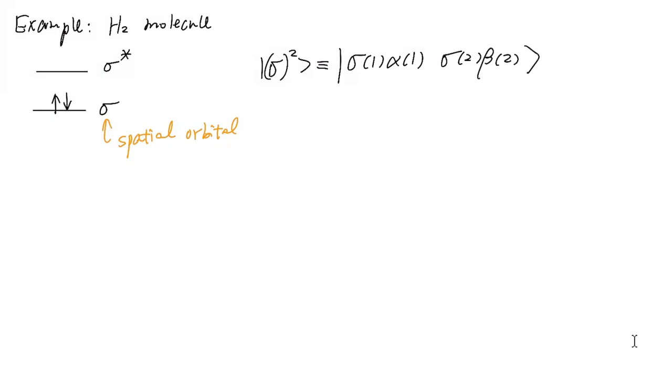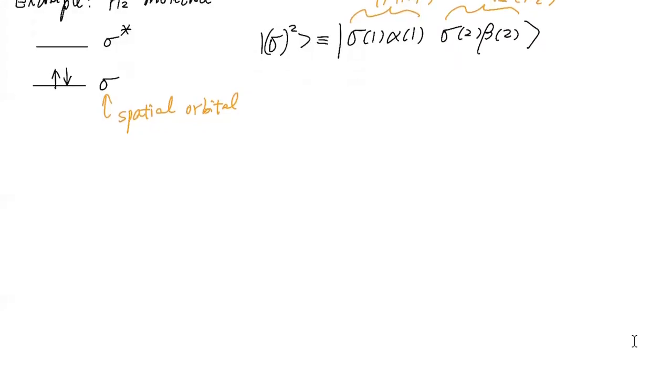Right? So this is phi 1, x1. This is the spin orbital for the first electron. This is the spin orbital for the second electron, right?